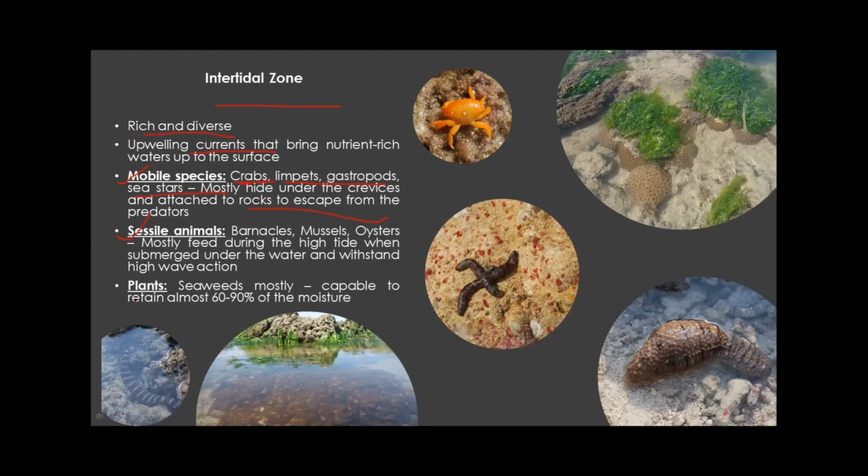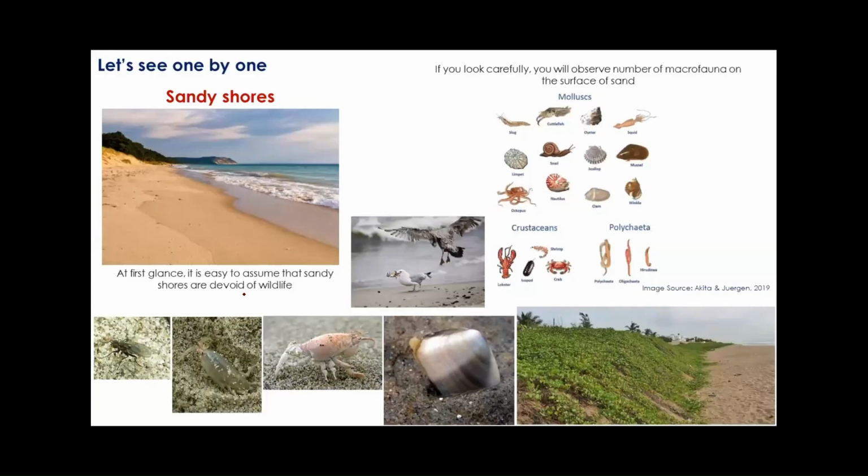In the intertidal zone, among the plants you can see mostly seaweeds, and of course there are benthic diatoms and phytoplankton, which we will be seeing now. Only those species which can tolerate the abiotic or biotic factors or the stresses available in the intertidal zone will be found in this particular area. Let us see one by one.